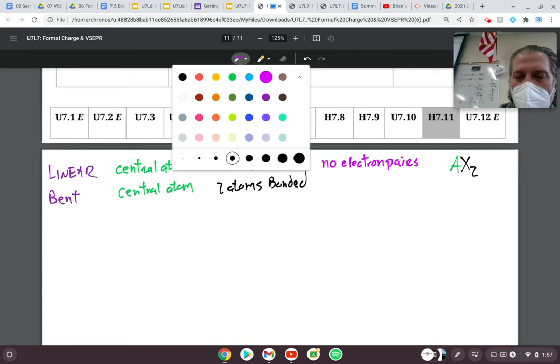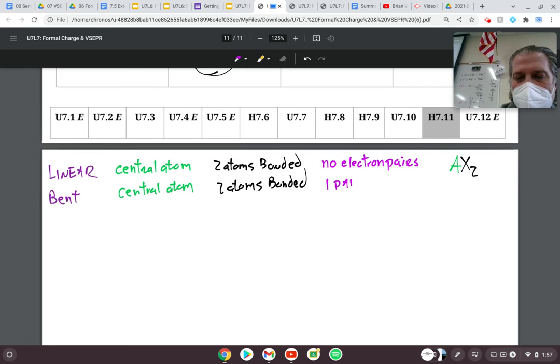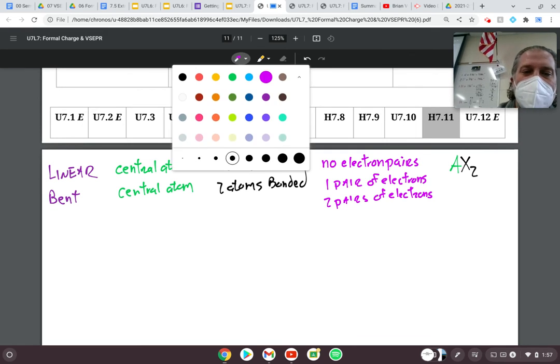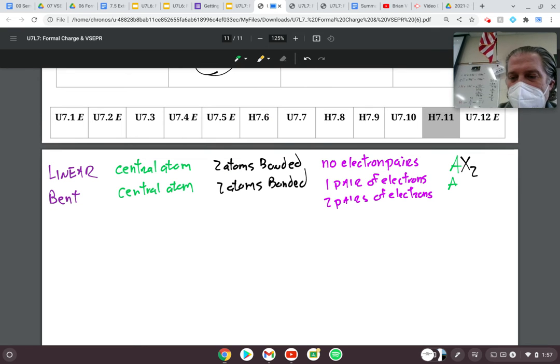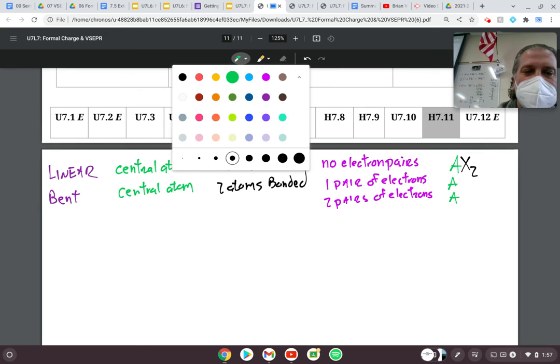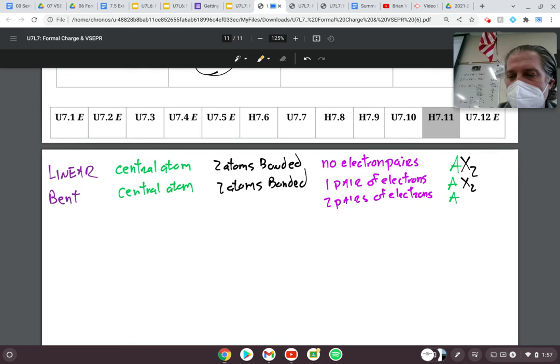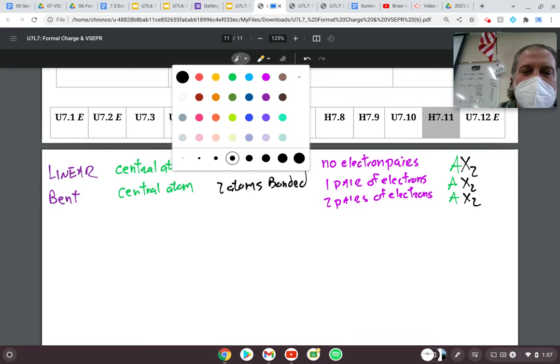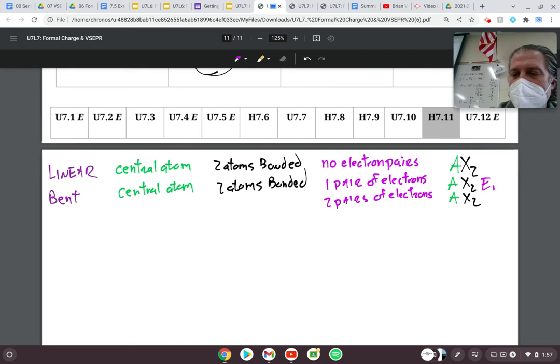It either had one pair of electrons or it had two pairs of electrons. So it could have been an AX2E1 or an E2.